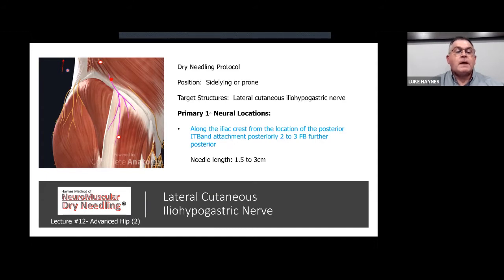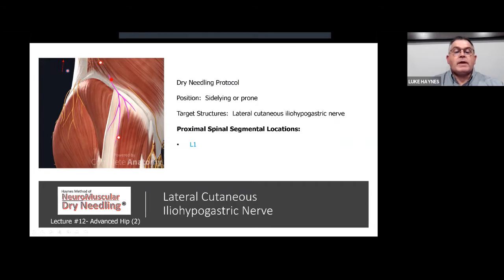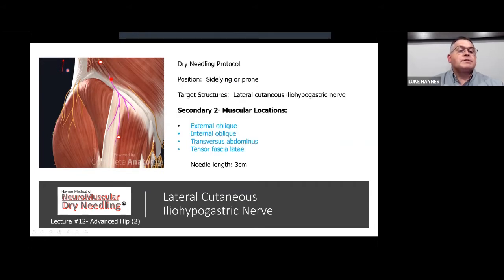Even with 1.5 centimeters, that needle is probably going to stay with a little bit of the shaft exposed. At that area, we definitely have some abdominal contents, so we want to be aware of the terminal location of our needle. If we're going to use a 3 centimeter needle, it needs to be oblique or at a tangent to the skin surface to avoid the abdominal contents. Our secondary locations, represented with the white circle surrounded in red, are the internal and external obliques and the transversus abdominis.